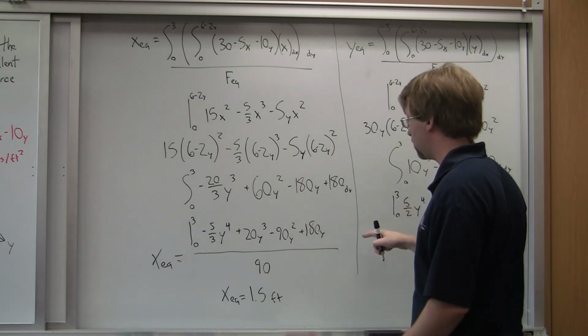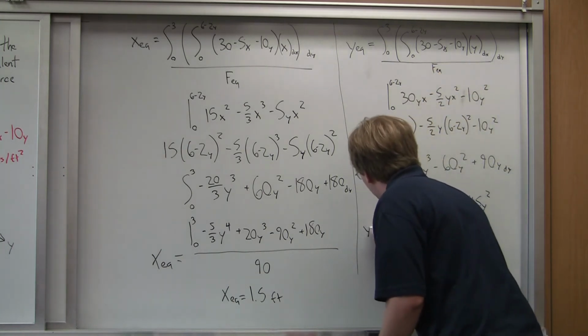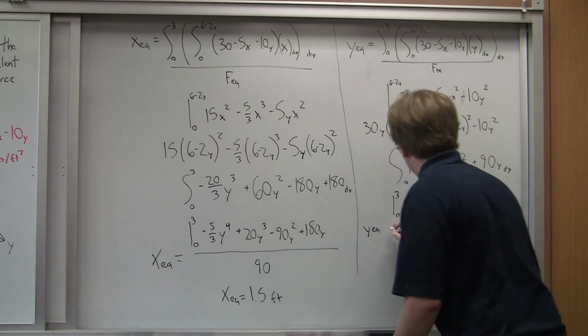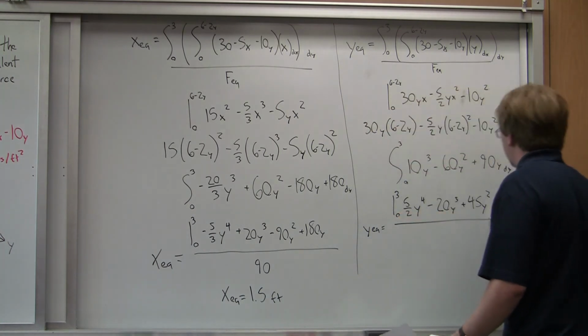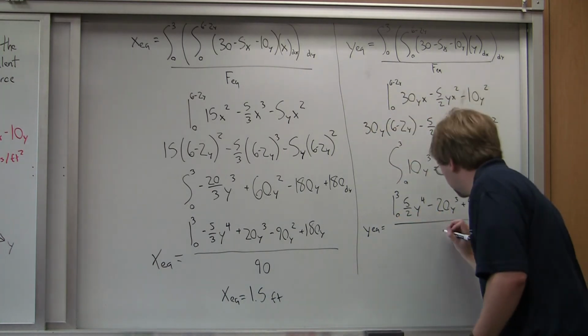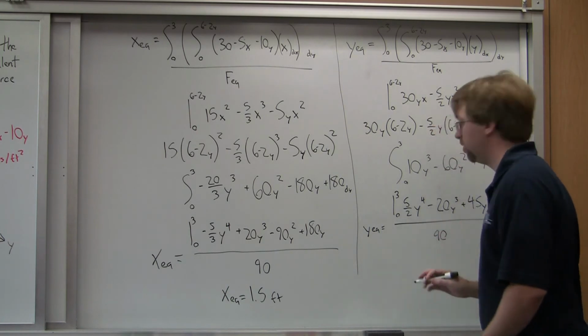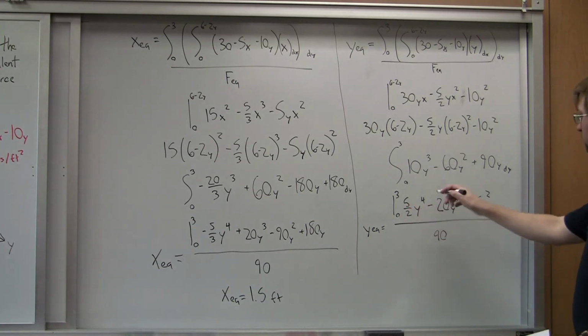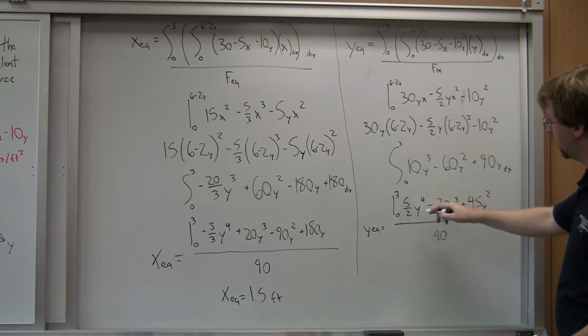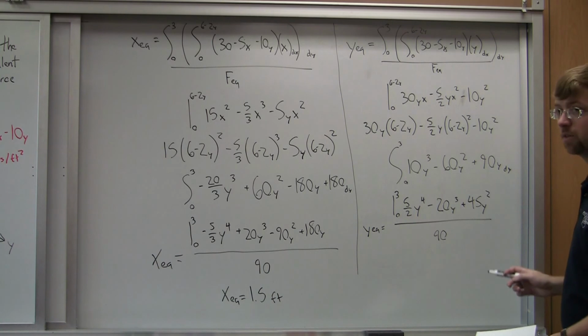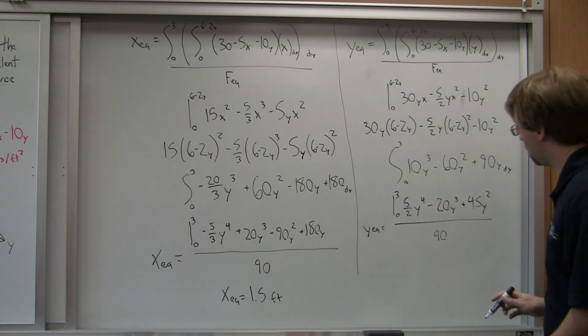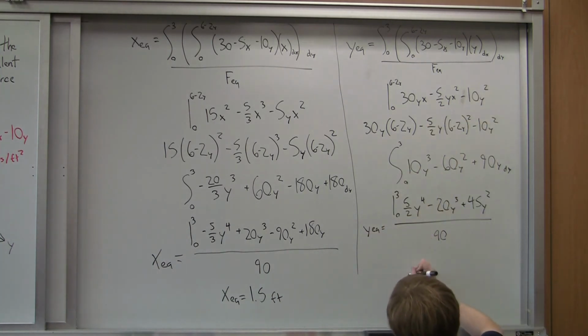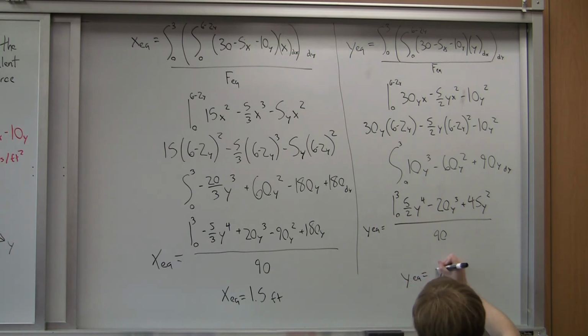And so we're evaluating this from 0 to 3. This is going to be YEQ. And we need to divide by our FEQ value, which is, again, the magnitude of the equivalent point load, so 90. In the end, if we evaluate this from 0 to 3, plugging in 3 every time we get a y, subtracting off 0 at the end for the minimum value, and divide by 90, we should end up with a YEQ of 0.75 feet.